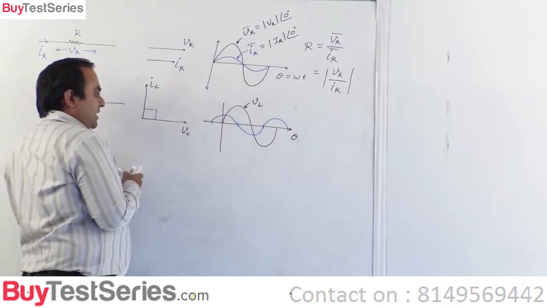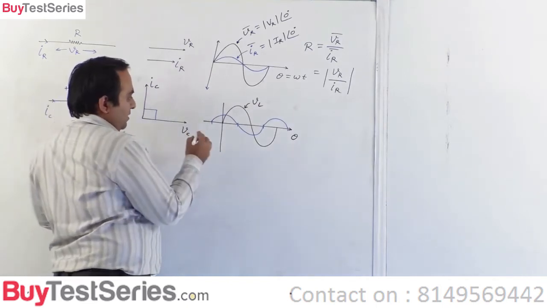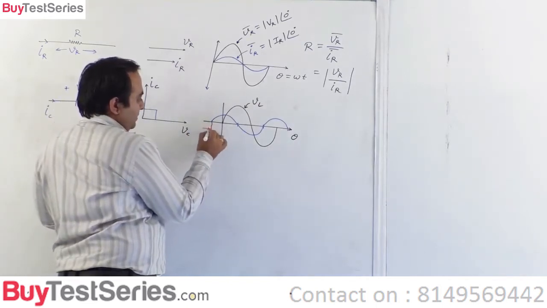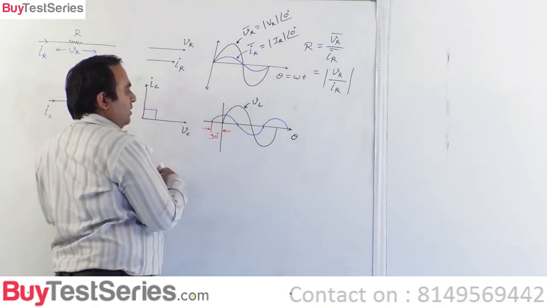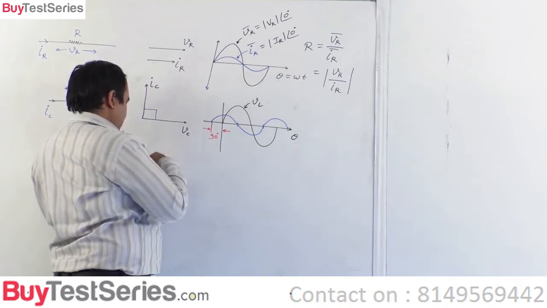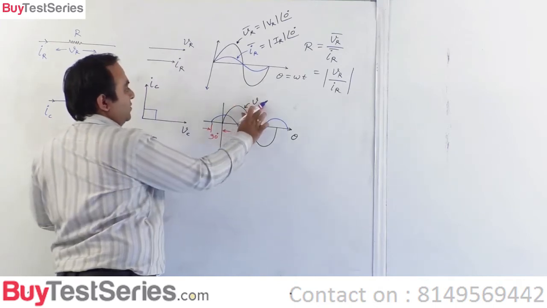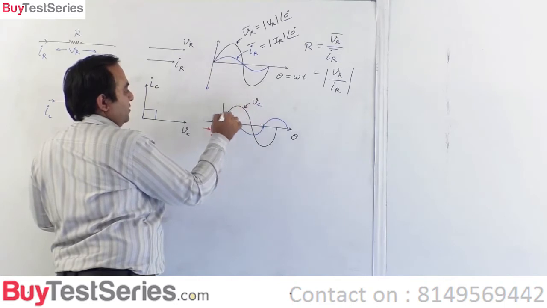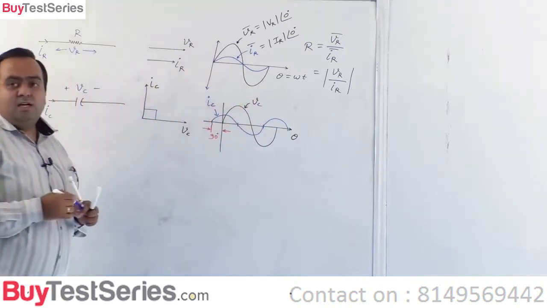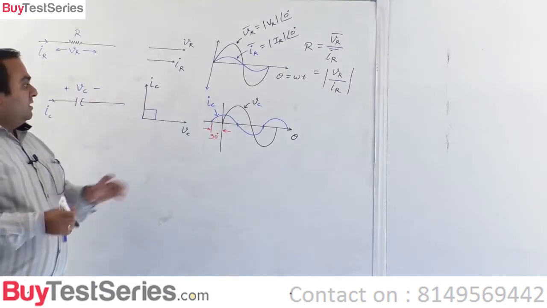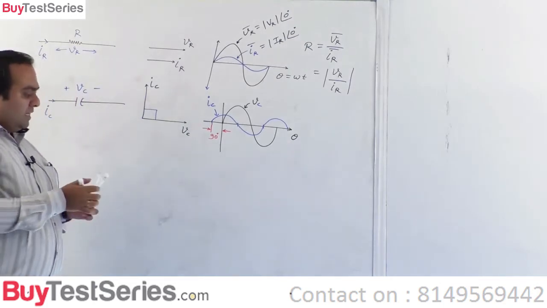So it will lead by 90 degrees, and this is angle 90 degrees or pi by 2. This blue is the current, sorry, this is VC. So this has to be IC. So the current is leading the voltage by 90 degrees.